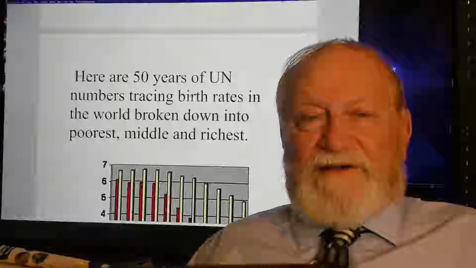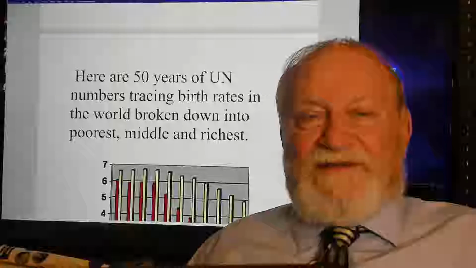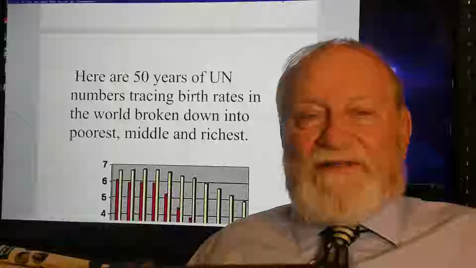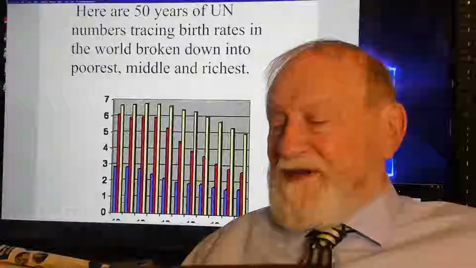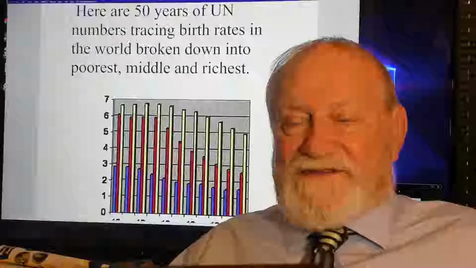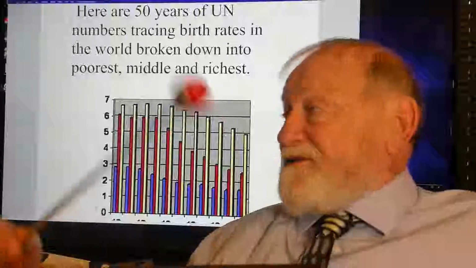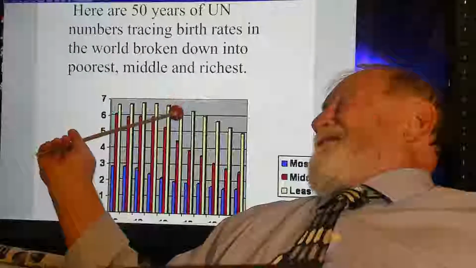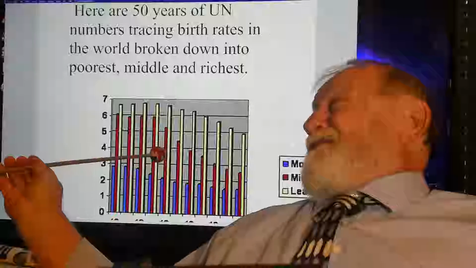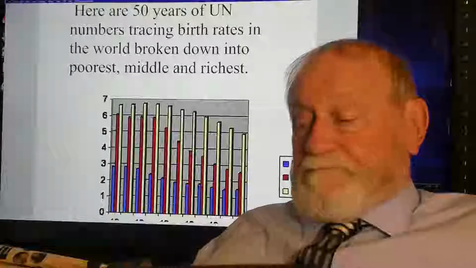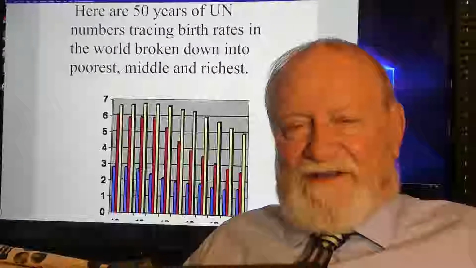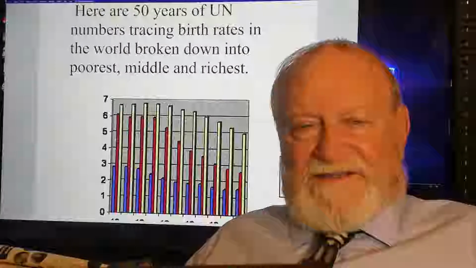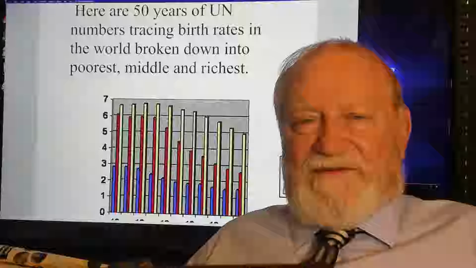Right. Here are 50 years of UN numbers tracking birth rates in the real world, broken down into poorest, middle, and richest. The poorest, yellow, richest, blue, in between is red. All I did was look that up in 2005, or maybe 2006, because the numbers end in 2005.